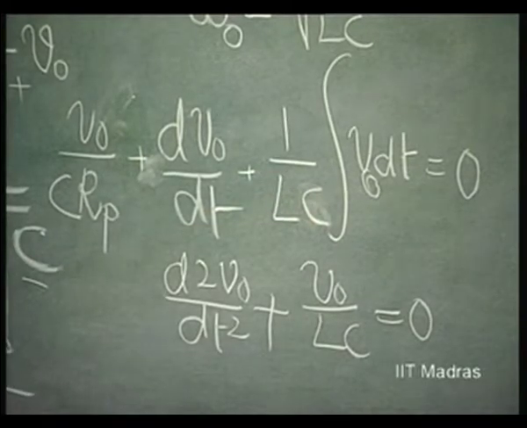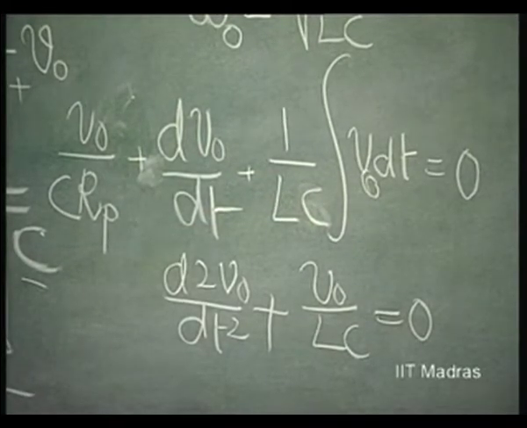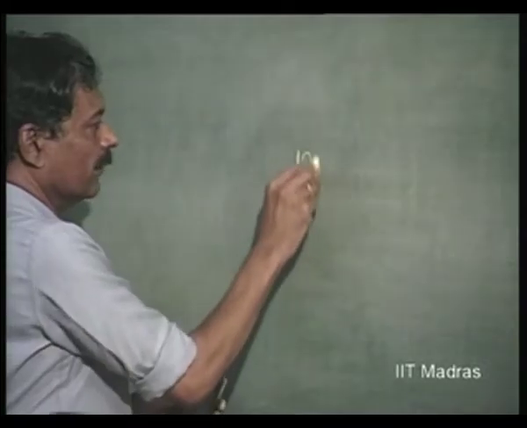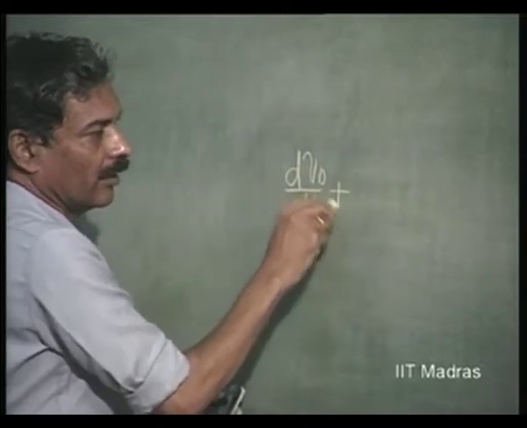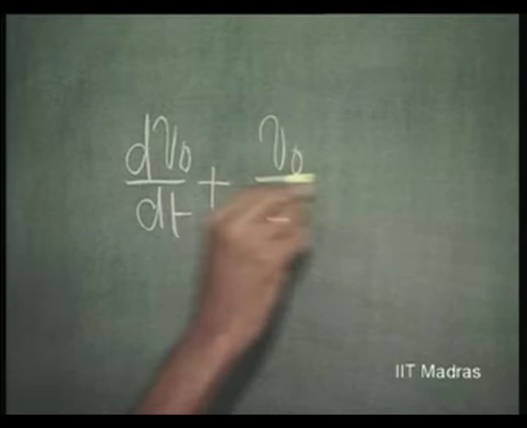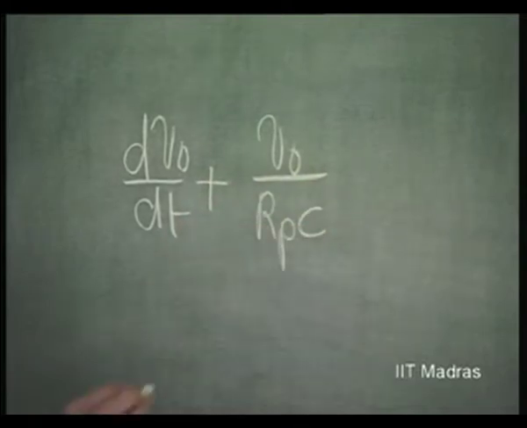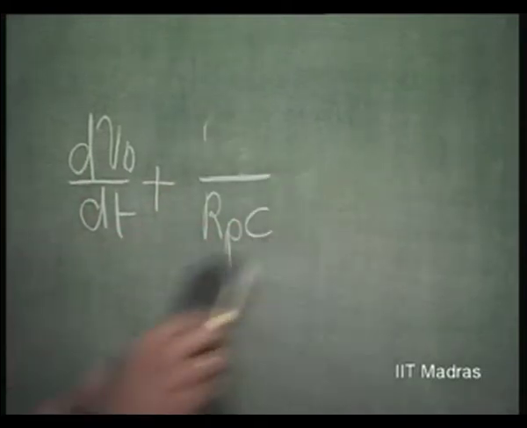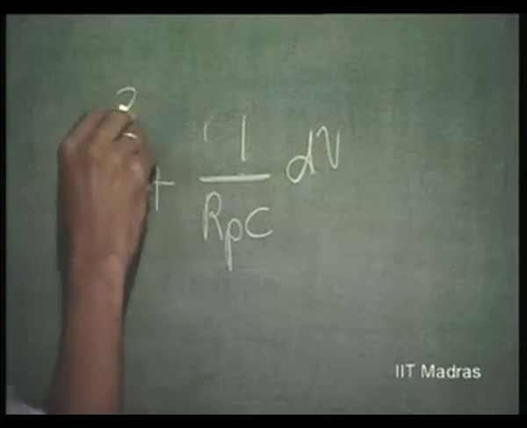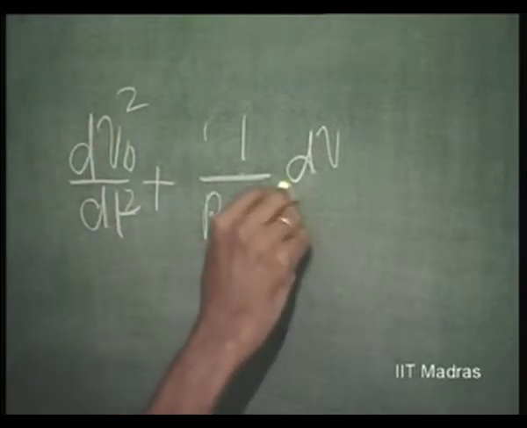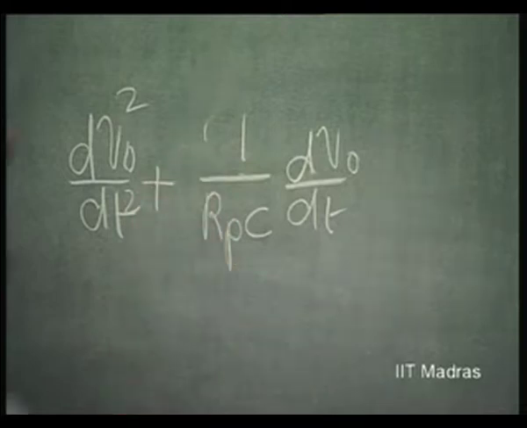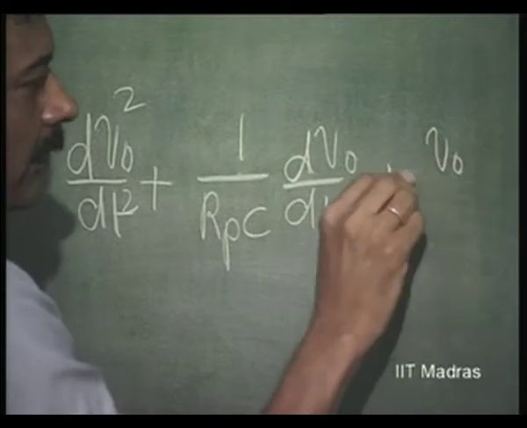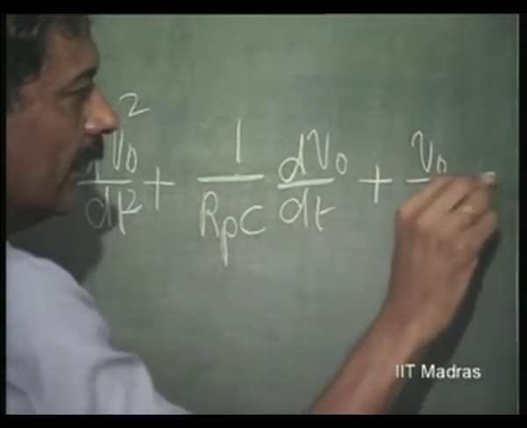this therefore gets modified as d squared V naught by dt squared plus V naught by Rp C times dV naught by dt, because once you differentiate, you get that, plus V naught by LC equals 0.